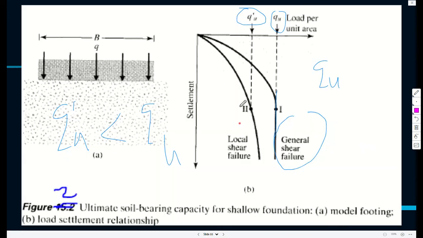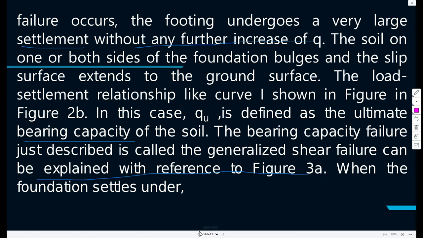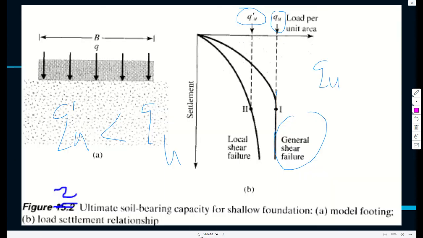So we are talking about this part, the local shear failure. This is what we are saying now.